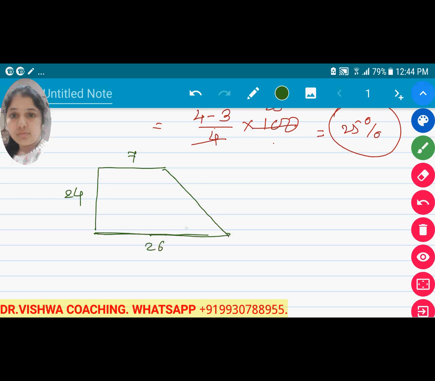Okay, and the other sides are 20 and 27. Now give the names A, B, C, D to the vertices of the quadrilateral and join the line BD.